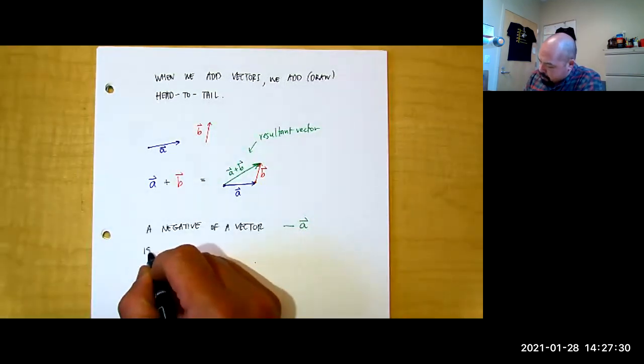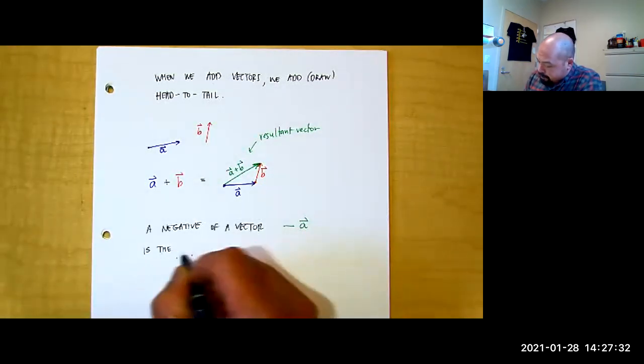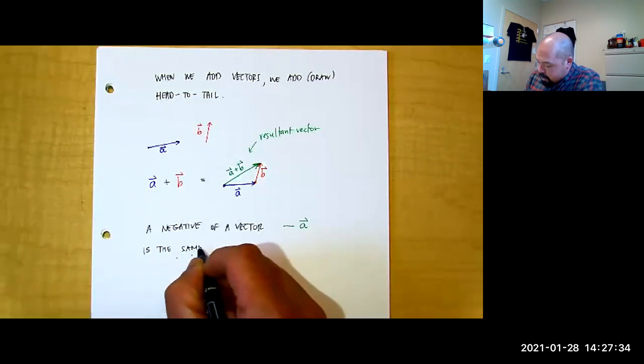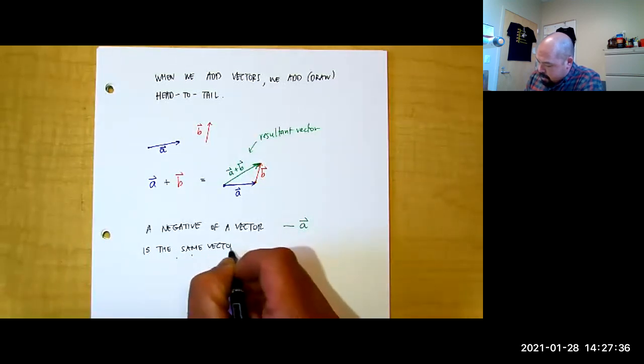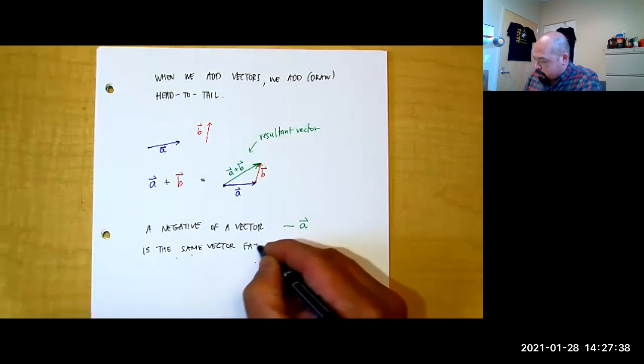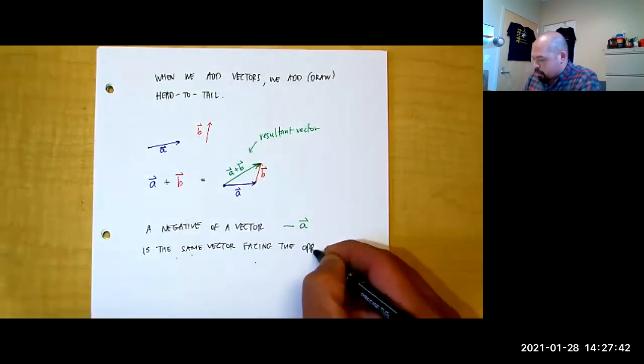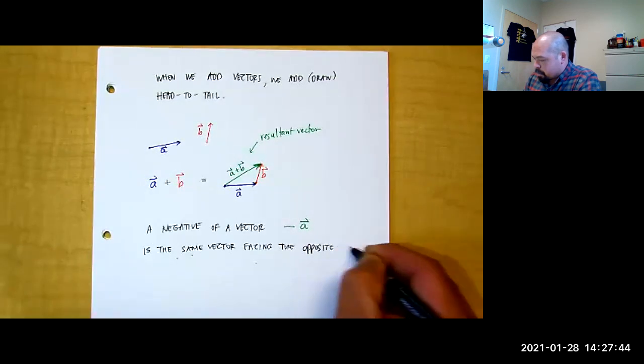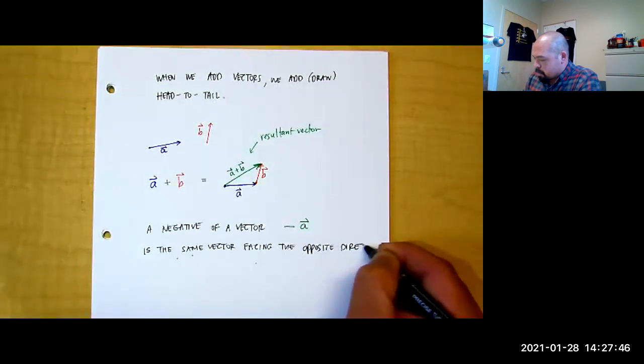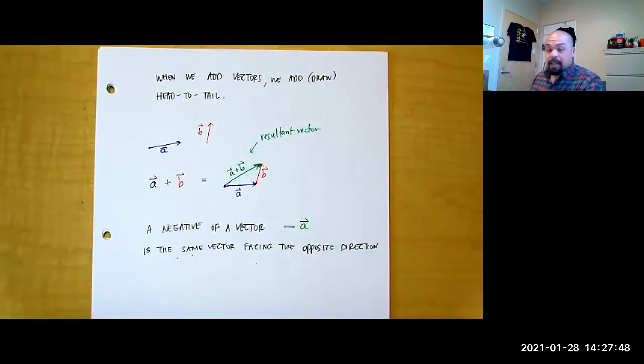Is that same vector facing the opposite direction. Right? This one's basically going along that same line, but just flipping it over, going that opposite direction.